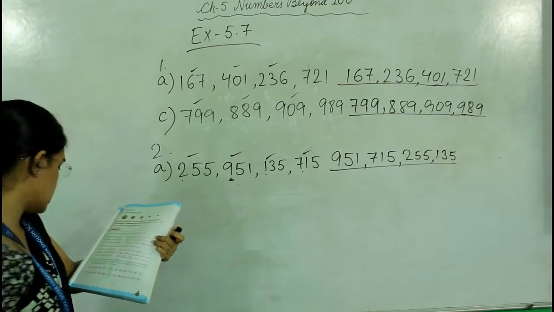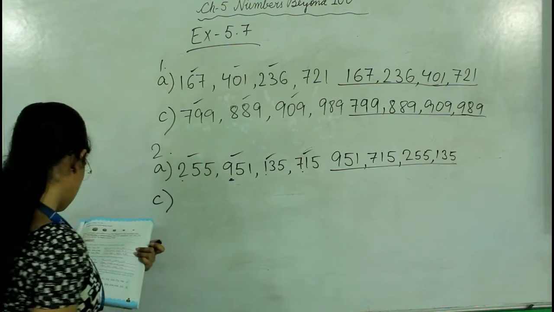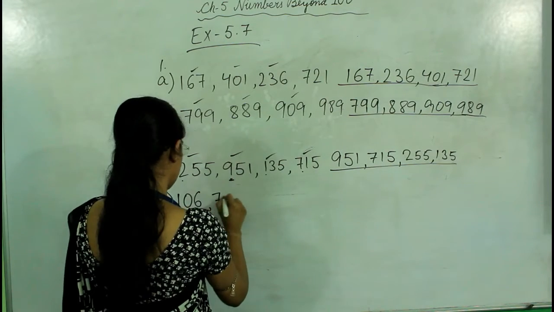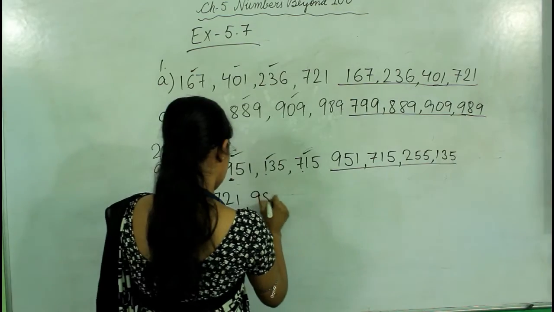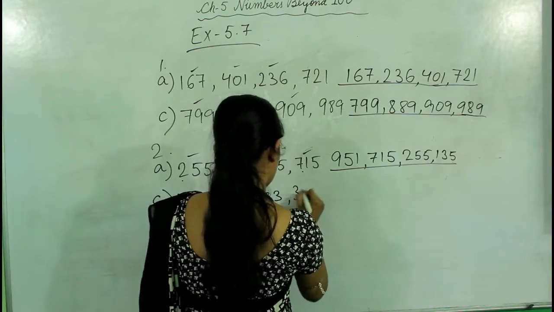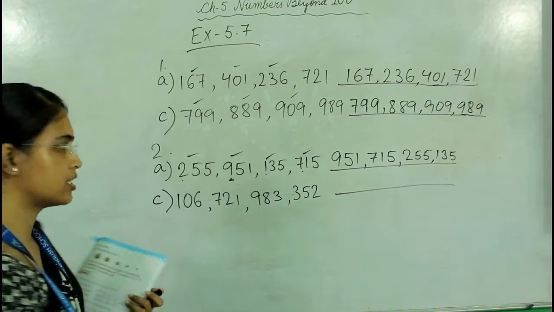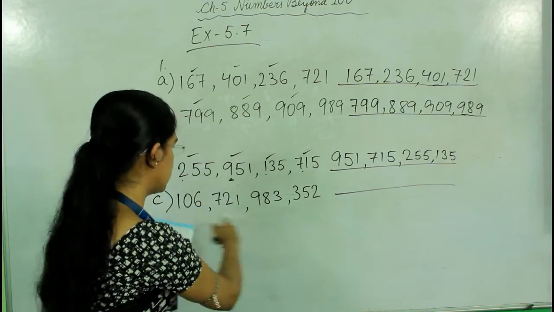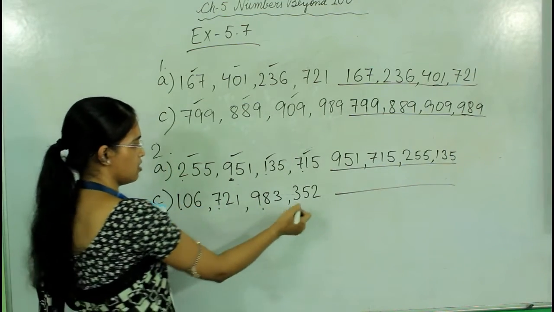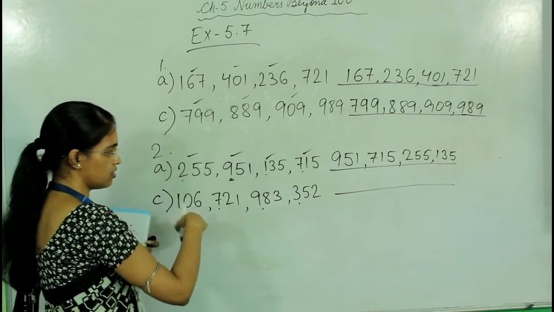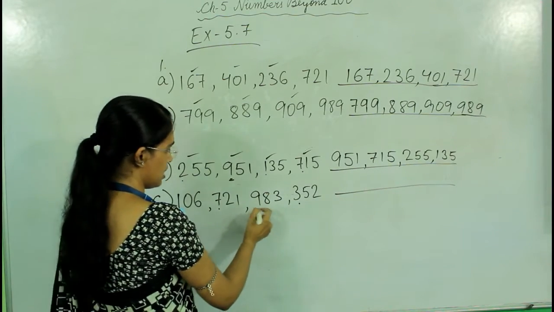Now question number C. Question is 106, 721, 983, 352. Arrange it descending or decreasing order. Now check your 100 plus. Which one is the biggest number among this four number? 9, right?